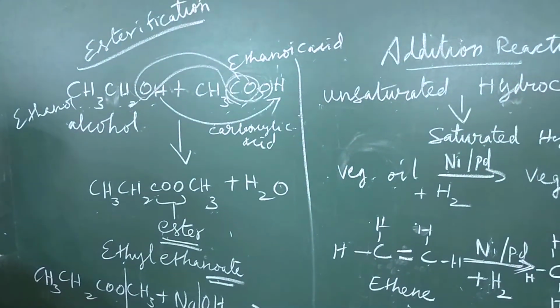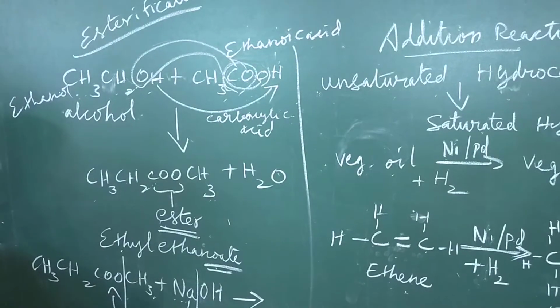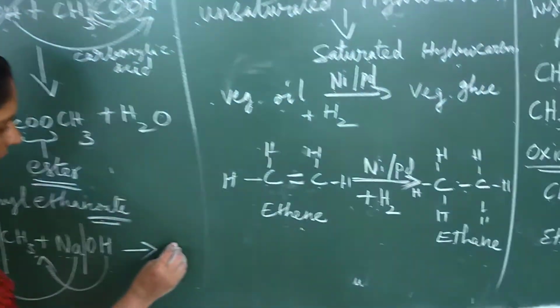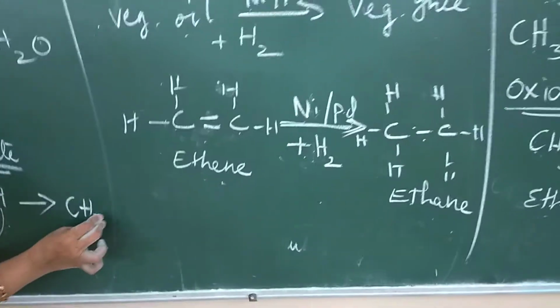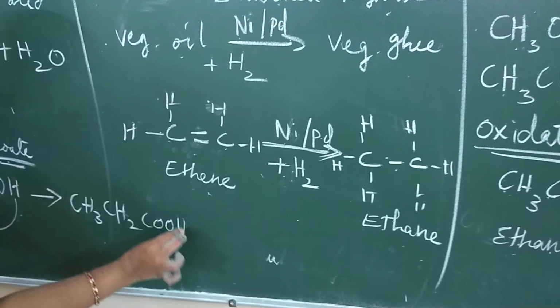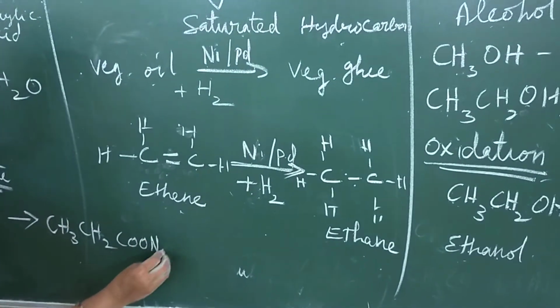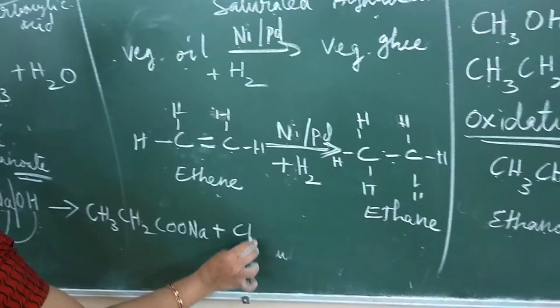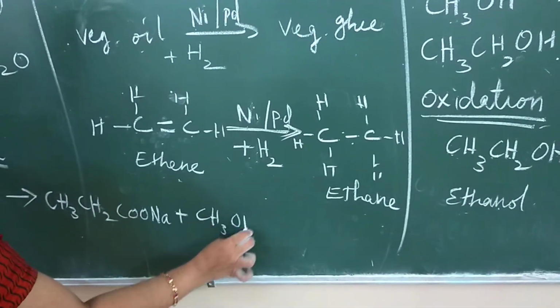This is in such a way. This Na will combine here. This OH will be combined with this. What are the products? CH3CH2COONa plus CH3OH.